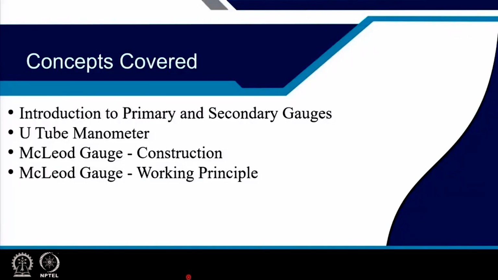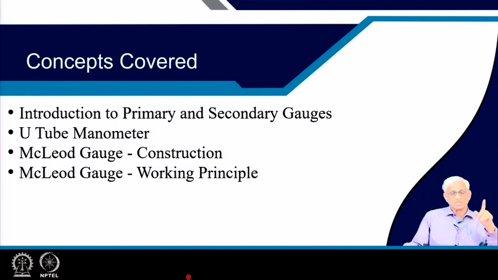Here we are going to cover concepts like an introduction to primary and secondary gauges. Primary gauges we will see in this class, and some useful secondary gauges we shall see in the coming classes.